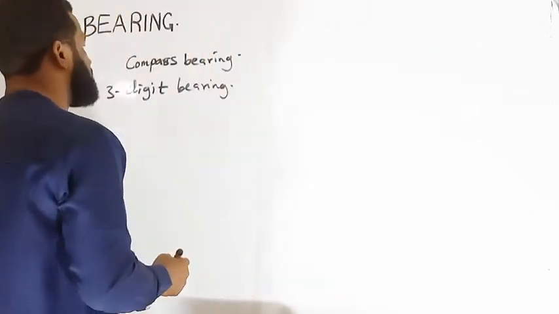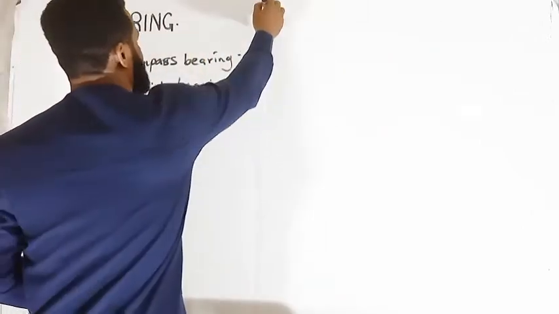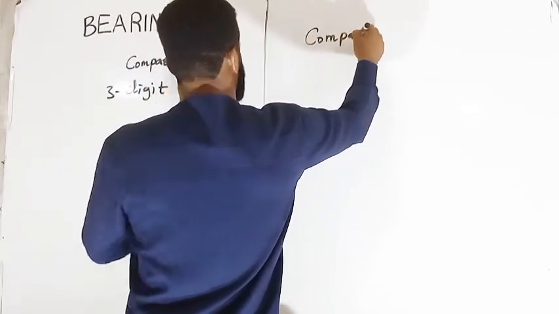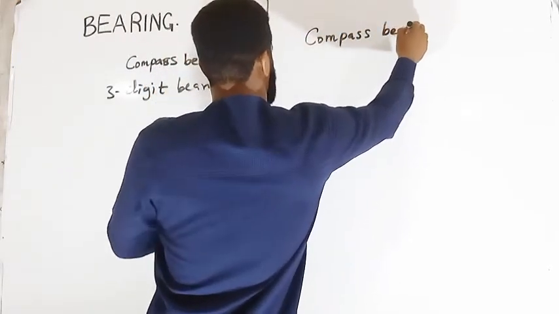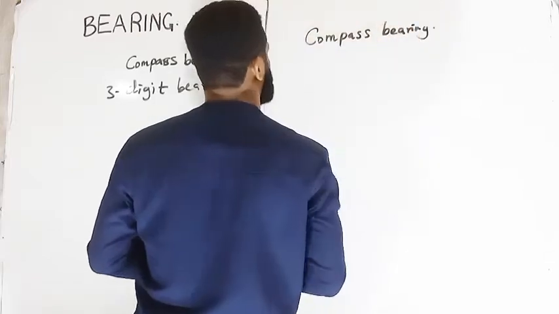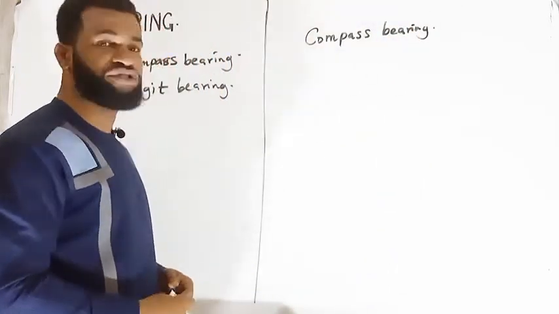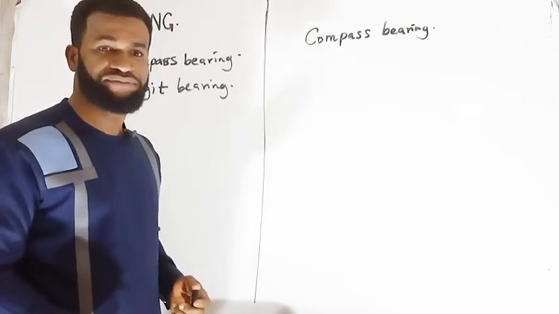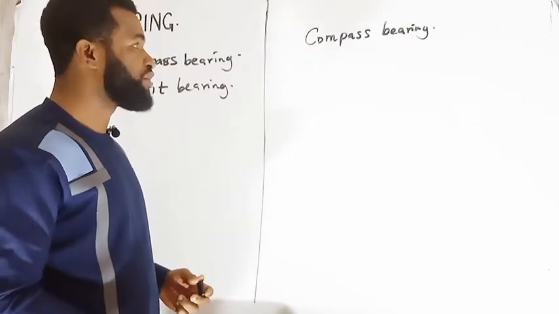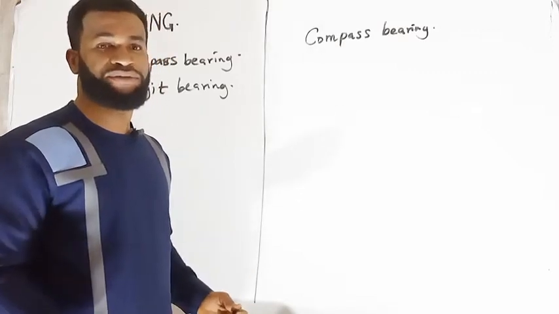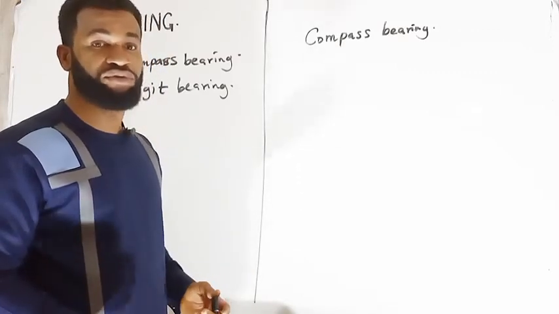Now, the first one, which is called compass bearing. In this compass bearing, we are going to use the 4 cardinal points, and we'll measure from the north and the south, depending on the direction you want to go.